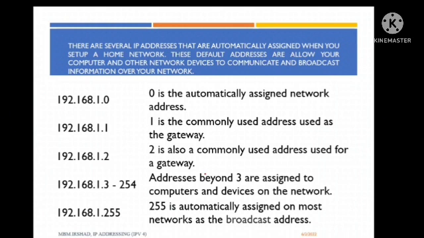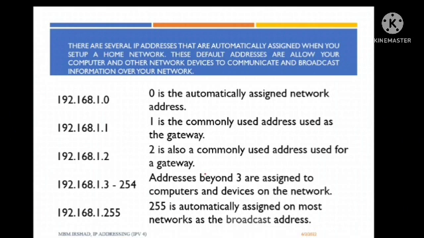So these are some default, automatically assigned IP addresses. You may ask me why those addresses: even if you want to get a dynamic IP address for your laptop or a PC, your PC should broadcast a packet to make a request to the neighboring device. So for that, you should have an IP address.